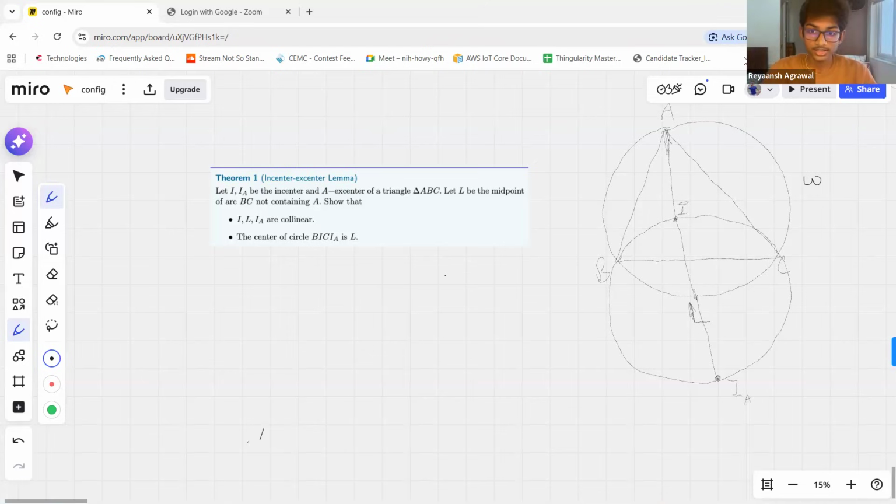Okay, so it says that if I have the angle bisector of BAC and it intersects the circle ABC again at L, then L is the midpoint of arc BC not containing A. Can you prove this? Maybe I'll give you a minute.